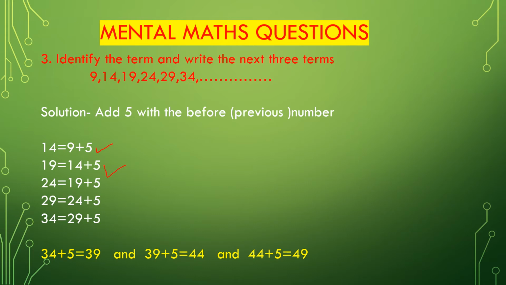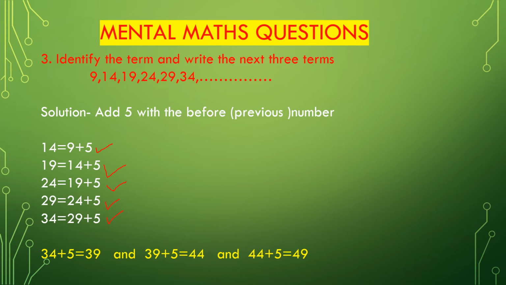24 is, the previous number of 24 is 19, 19 plus 5. The previous number of 29 is 24, 24 plus 5. 34 is equal to, the previous number of 34 is 29, plus 5. Here we add 5 to the previous number.